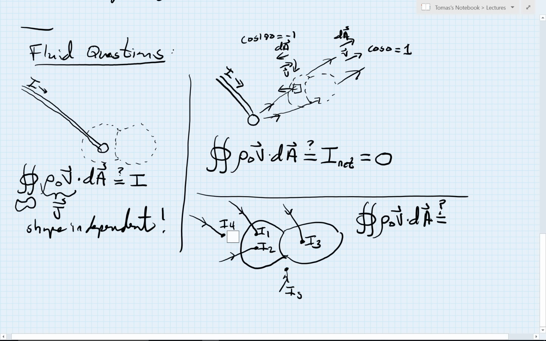They might create flows that go in one side and back out the other, but they give no net contribution to what's being put into the surface. What's being put into the surface is just I1, I2, and I3. So I know that this integral will give me I1 plus I2 plus I3, with no contributions from the outside sources, which are not pumping fluid directly into the interior of the peanut.